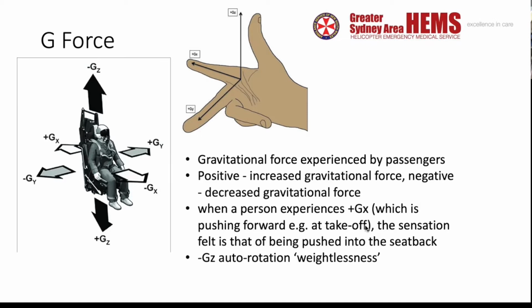So obviously you experience a positive G as an increase in gravitational force, and a negative G as a decrease. So at takeoff, for example, you experience positive G, the sensation is that you're being pushed back into the seat, and so it's felt as an increase in weight. Whereas you might experience minus GZ in something called auto-rotation.